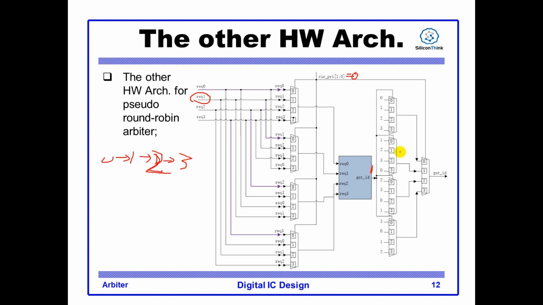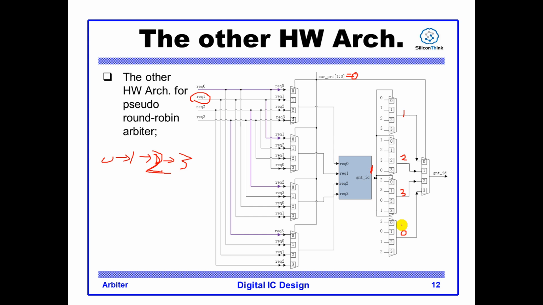So how do we trace back? This is 1, so the grant ID will go to the 4 muxes. There will be output 1, and this will be output 2, and this will be output 3. The grant ID is 1. The grant ID here is 0, so it will output 0.